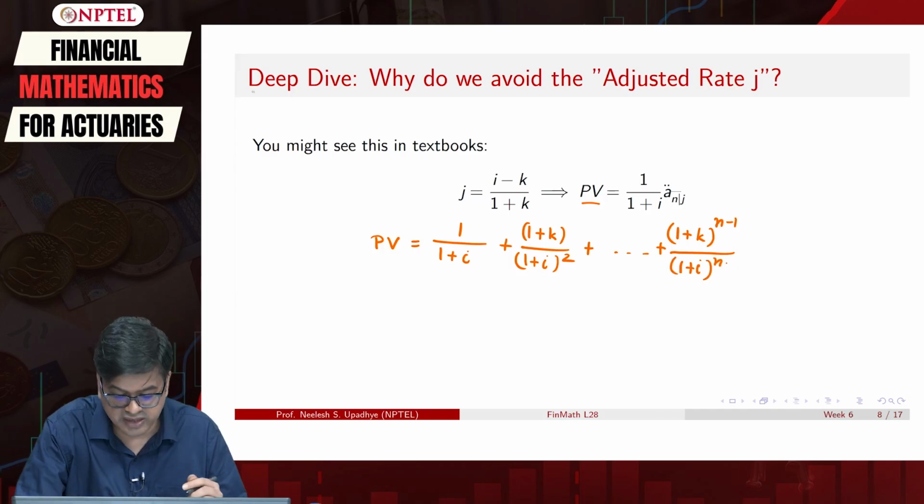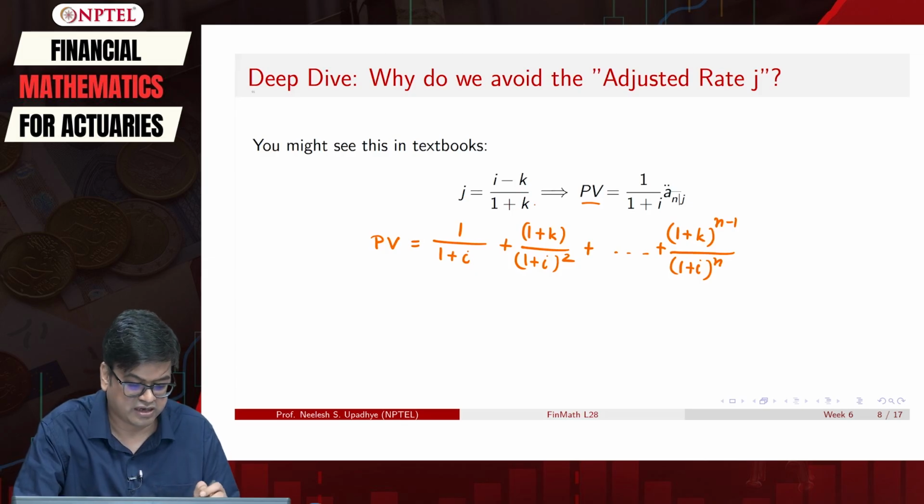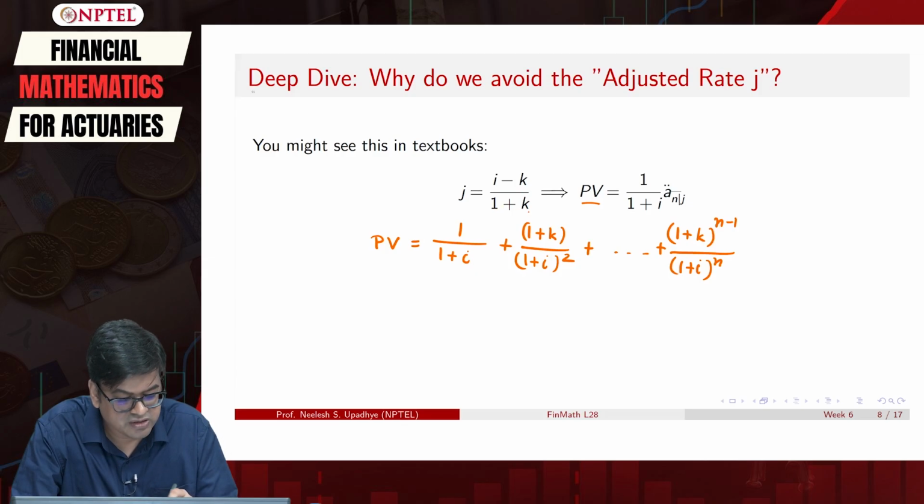Now, you look at this value of j, which is (I minus k) upon (1 plus k). Okay. So, we will keep this in mind.